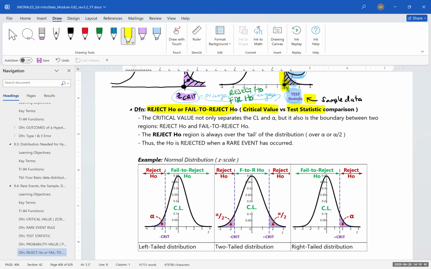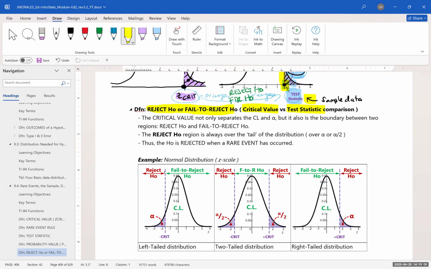And I've kind of shown one independent of the other. Now we're going to take those two separate ideas and put them together and see how they interact to help us come to a conclusion in our hypothesis test.